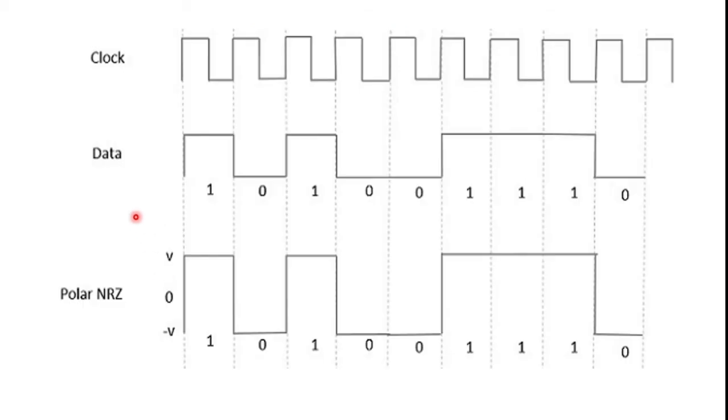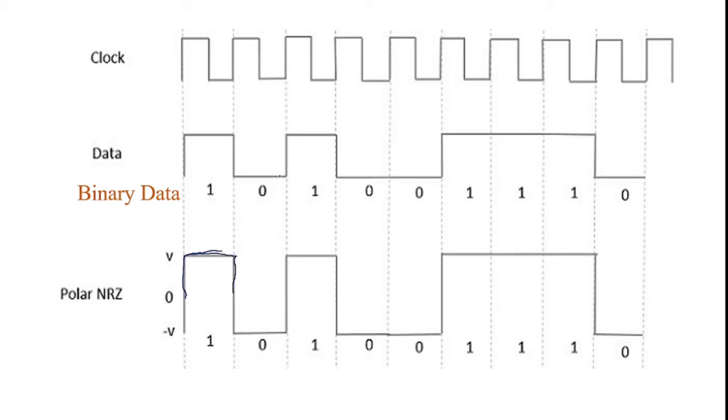Now an example. This is the binary data, with high in data and low in data. According to the definition of polar non-return to 0, high in data is represented by a positive pulse.